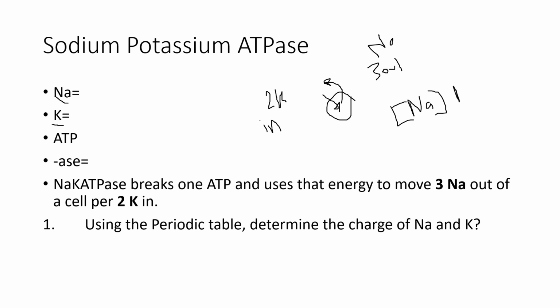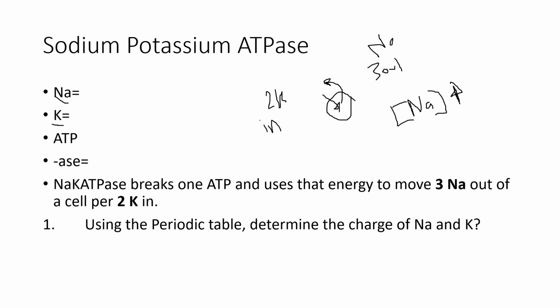So this concentration will be higher. The sodium concentration outside is the plasma. So that's actually the sodium that the cells have pumped out, and the potassium has been pumped in.